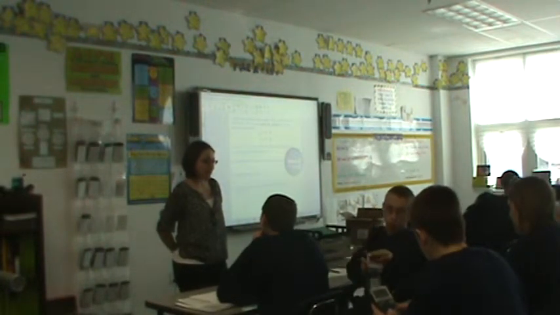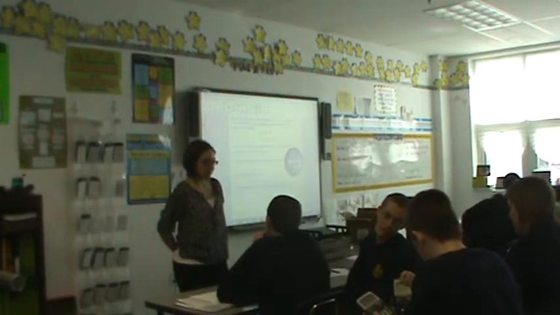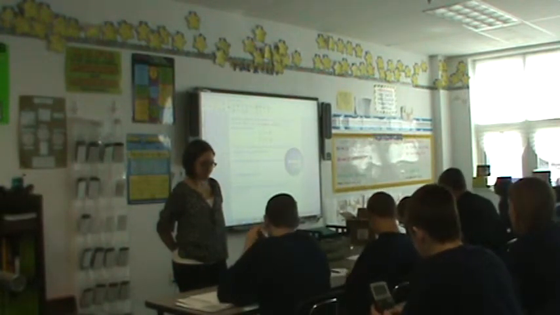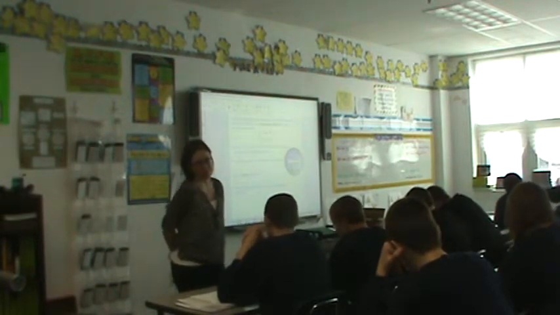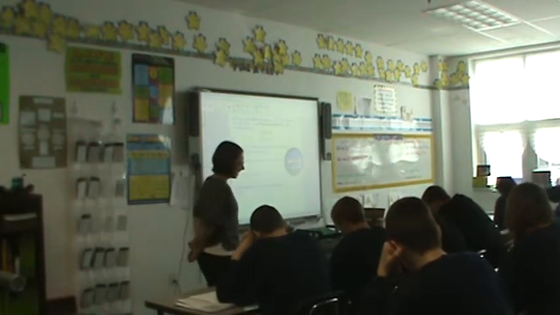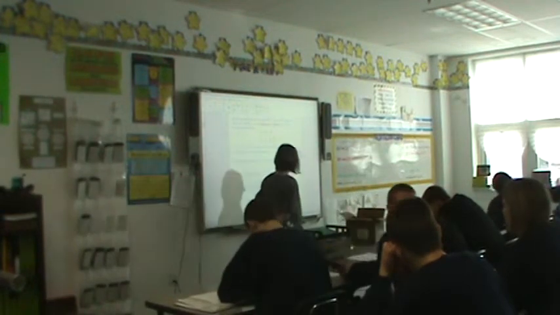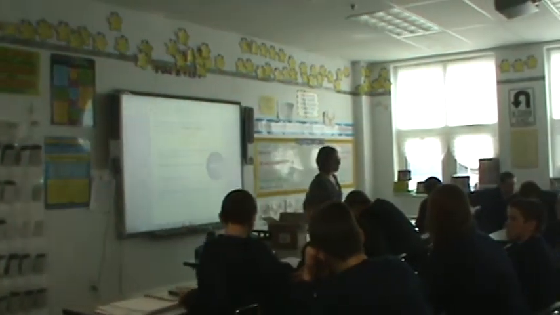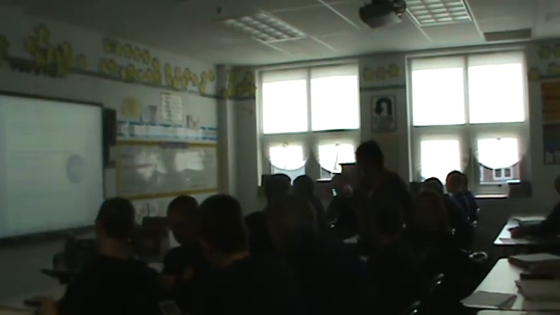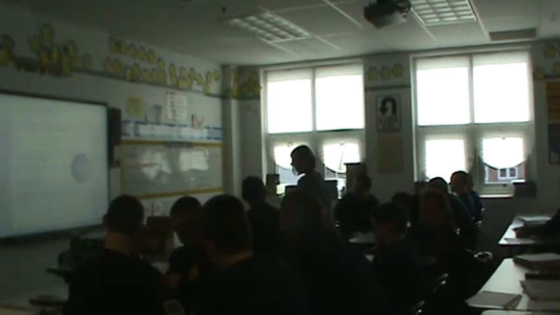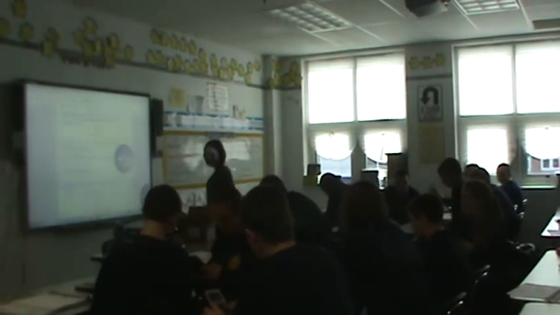So if you have 0.9 repeating, then you have 9 over 9, which is equal to what? So it's just like entering in 1 to the x, right?